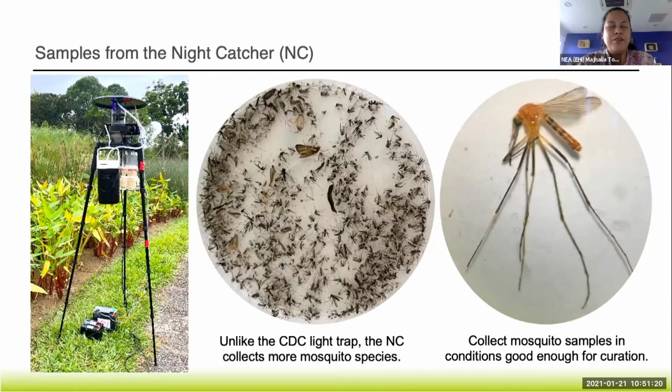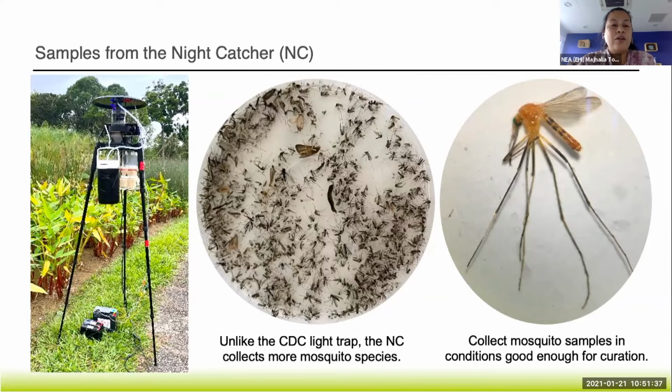Because I have a different term for it. The use of the double net with a human bait inside. Okay, because it simulates one person standing there and doing bare leg catch. It is able to attract more mosquitoes.